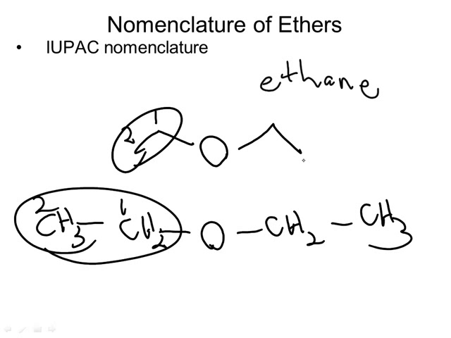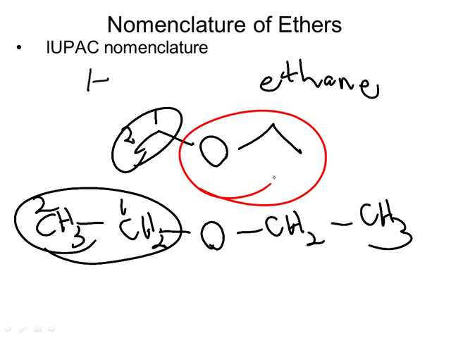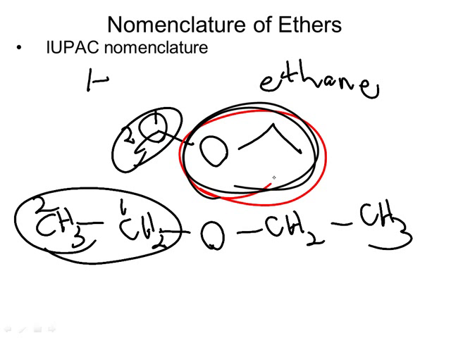Now we have to identify the substituent, and that substituent is on carbon number 1. It's attached to the ethane chain at carbon number 1, so that's where the 1 is coming from. Imagine I had a substituent with just two carbons on it. We'd call that an ethyl group, right?